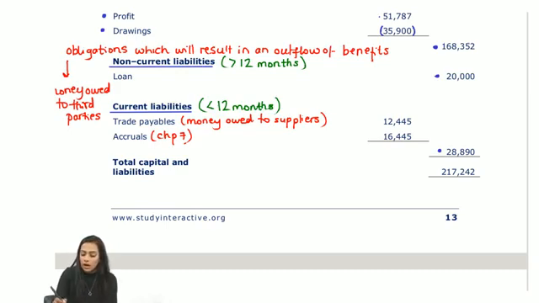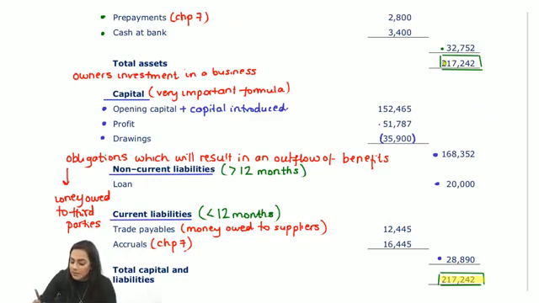So total current liabilities and your non-current and capital, 217,242. And you can see, ladies and gentlemen, that this is exactly the same number as we got at the top. So this number, 217,242, matches this number. So the balance sheet balances.